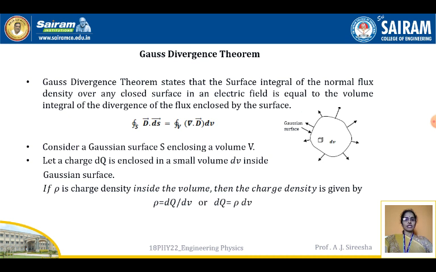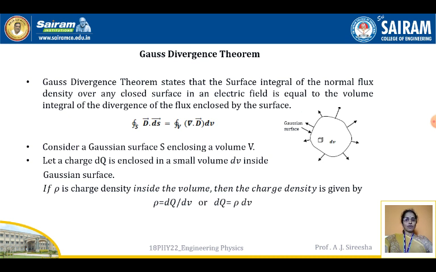Let the charge dq be enclosed in a small volume dV inside the Gaussian surface. If rho is the charge density inside the volume, then the charge density is given by rho is equal to dq by dV. That means if a charge q is enclosed in this surface, consider a small volume element dV having a charge of dq in that volume element.